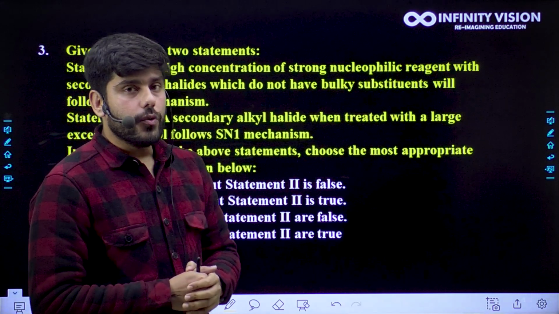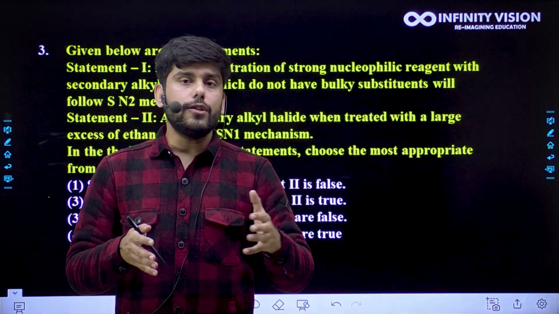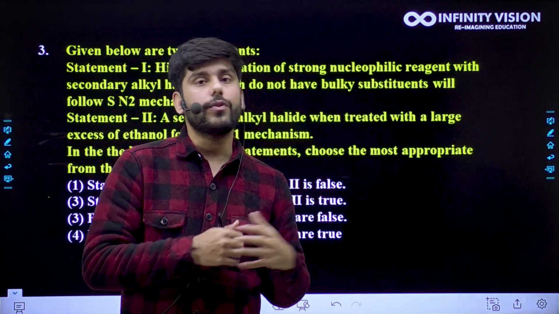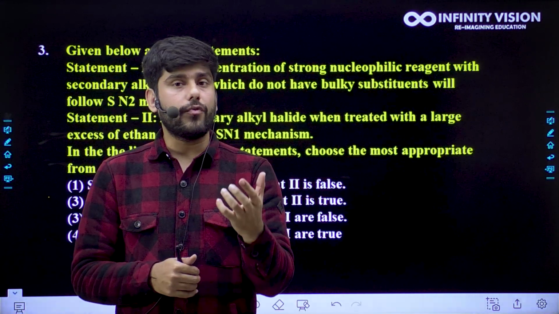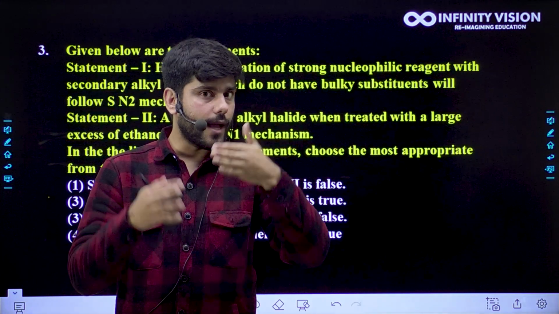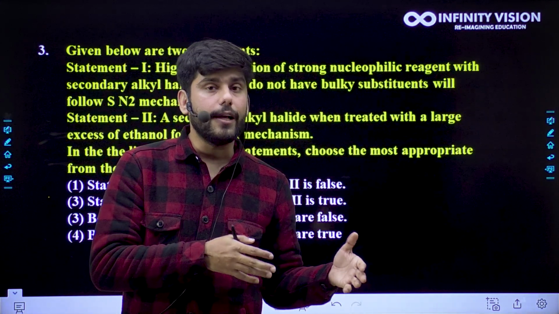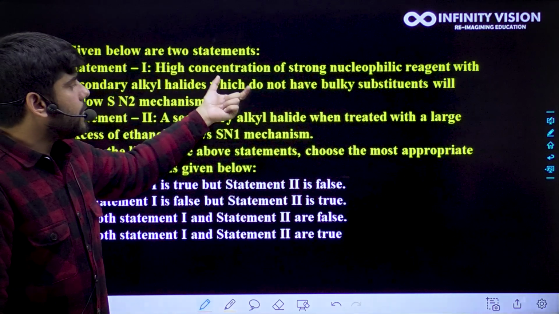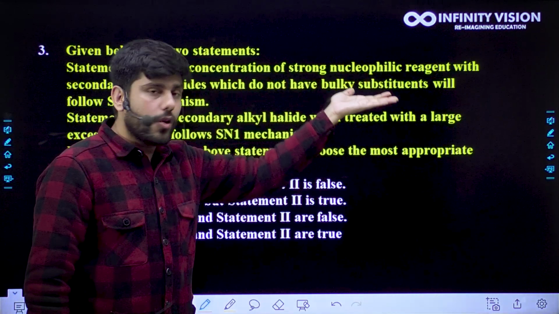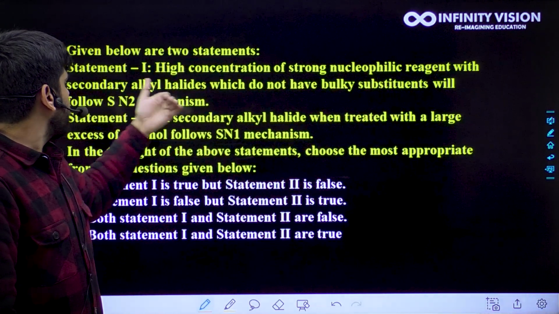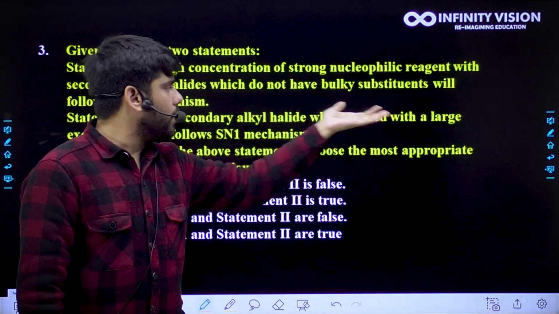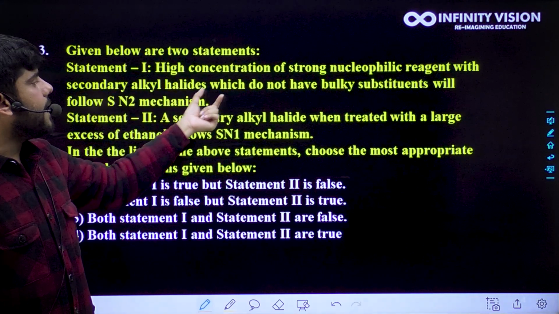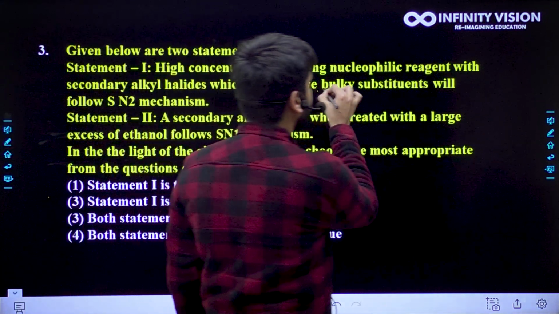Okay, so we know that the rate of an SN2 reaction depends upon the concentration of both the substrate alkyl halide and the nucleophilic reagent, right? So a higher concentration of nucleophilic reagent will definitely increase the rate, and hence it will follow the SN2 mechanism. Also, it says secondary alkyl halides which do not have bulky substituents.